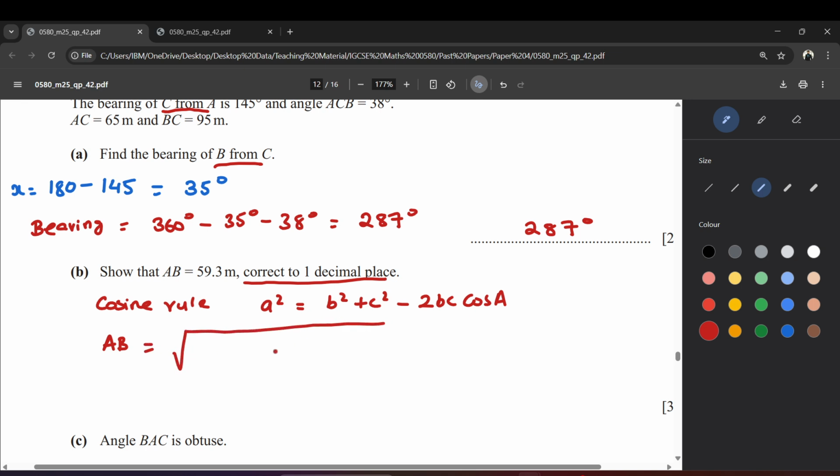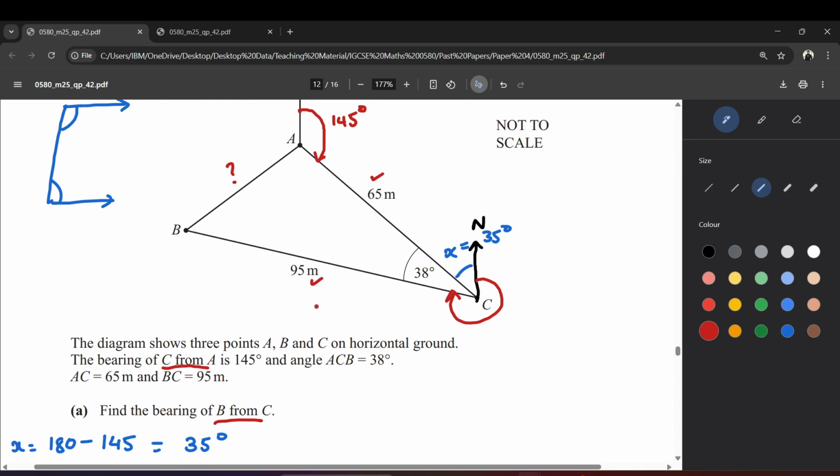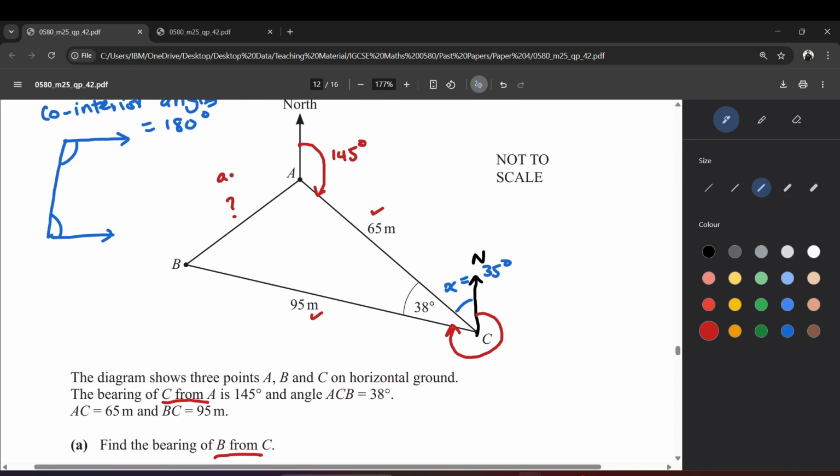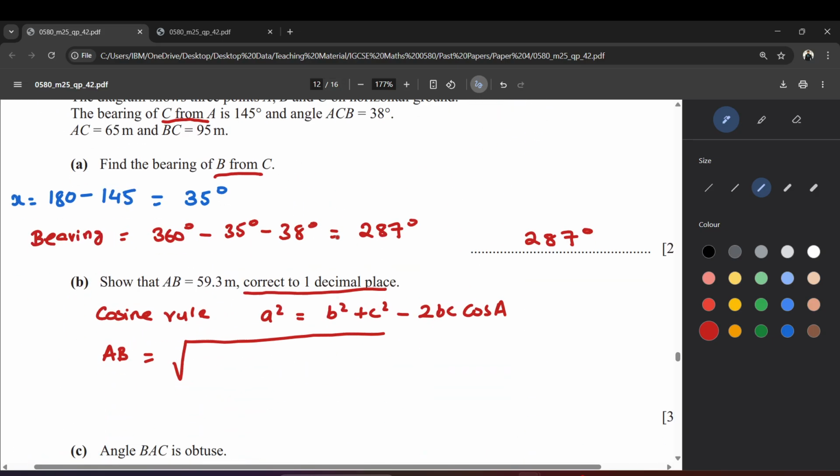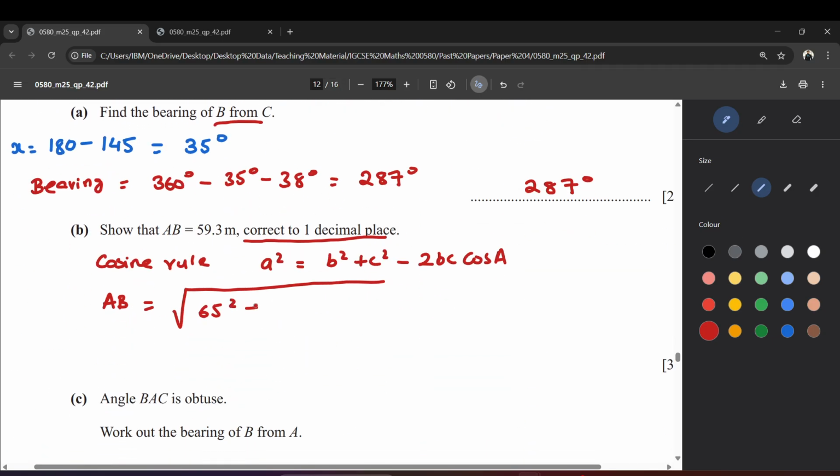Within that square root, I can say b square. Now this is your A. According to the formula, this is your A and this is your angle A. So B and C would be these two. So they could be anyone, right? So we can say 65 square plus 95 squared minus 2 times 65 times 95 times cos 38.